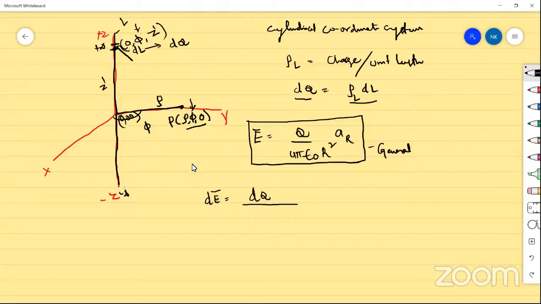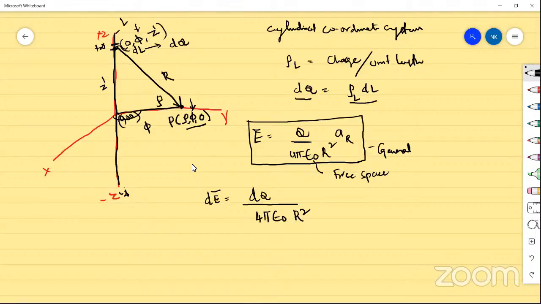Let us say the point P is at a distance of R. Okay, 4 pi epsilon naught. So epsilon naught means I am considering free space. It is at a distance of R from it. Okay, R square. But I need the unit vector.